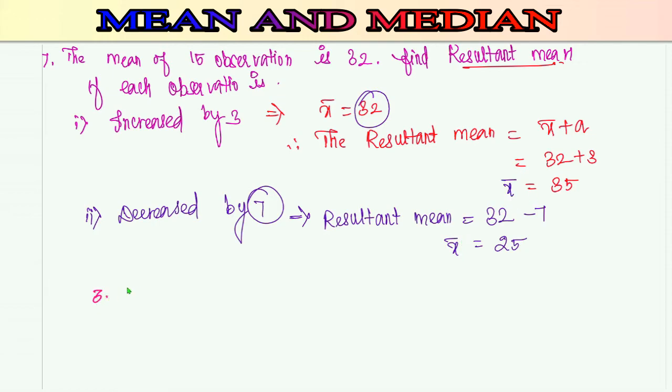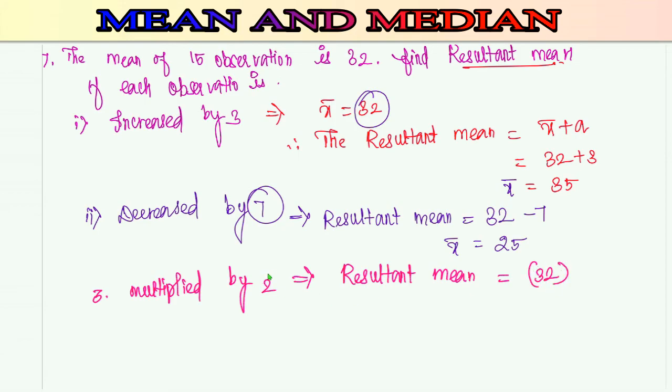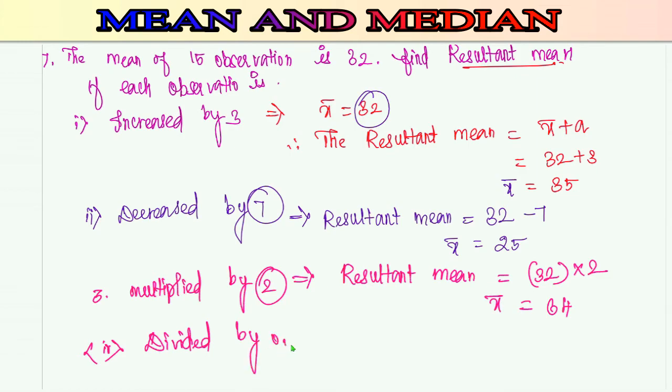Okay, now the third one: multiplied by 2. Therefore, the resultant mean is equal to the mean 32, and directly we multiply with that number 2. So 32 into 2 gives 64. 64 is the required mean. The fourth one: we need to divide by 0.5.